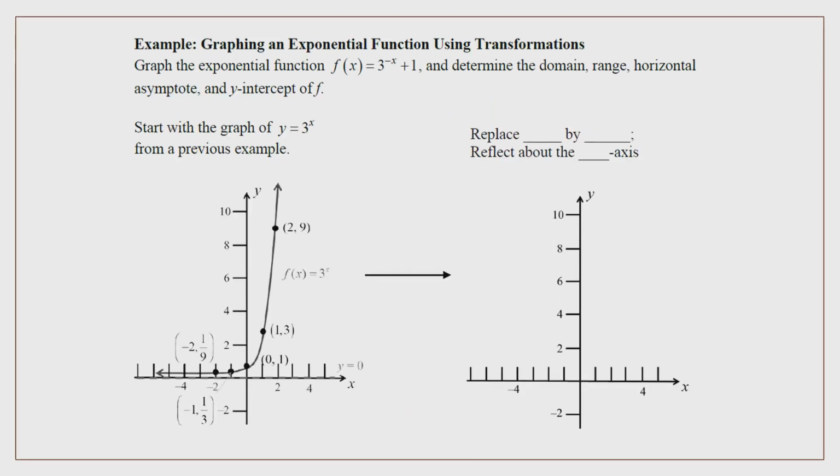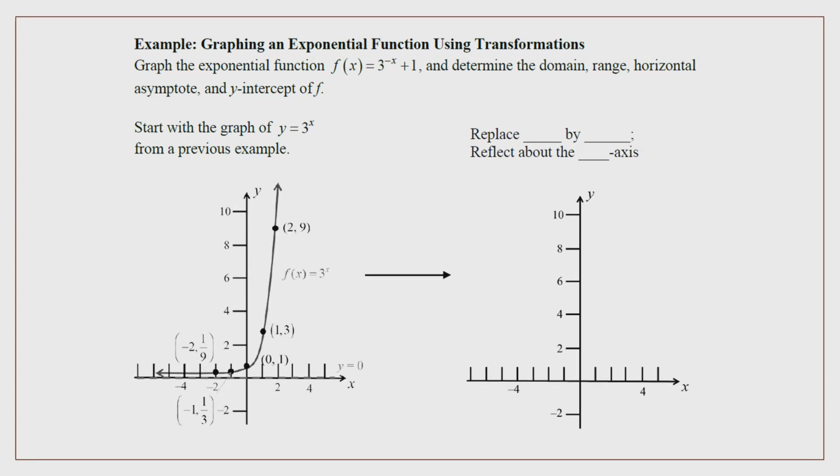So now let's graph the exponential function f of x equals 3 to the power negative x plus 1 and determine the domain, range, and horizontal asymptote and y-intercept of f. So we're going to first start with the graph of y equals 3 to the power x from our previous example, which we have here.